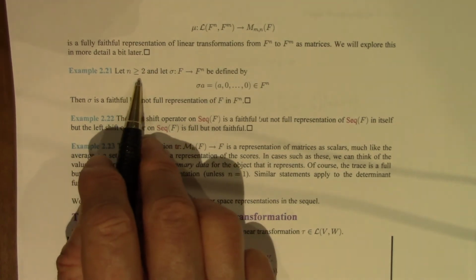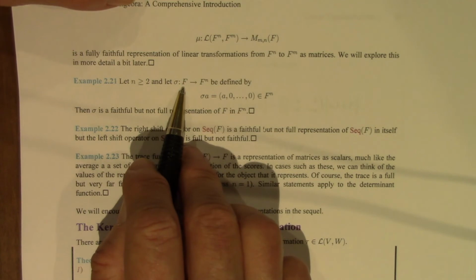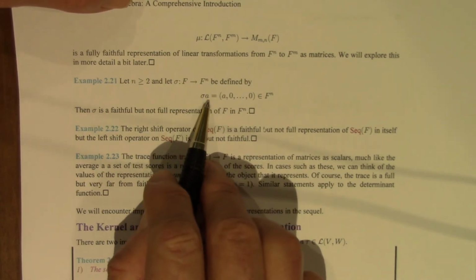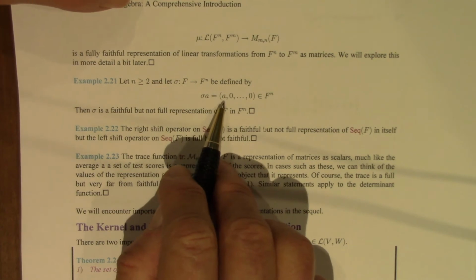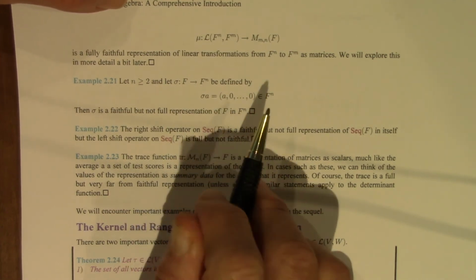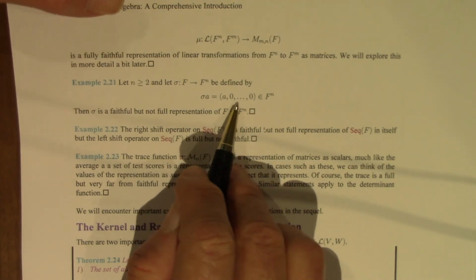If n is bigger than or equal to 2, and we let sigma map F to F^n, sigma of A simply sticks A in the first component of an n-tuple. This is a faithful representation.